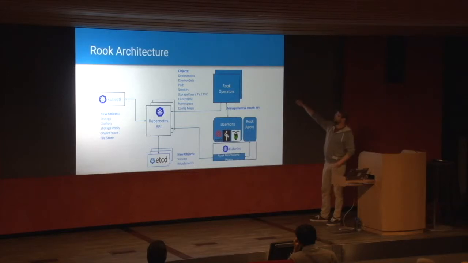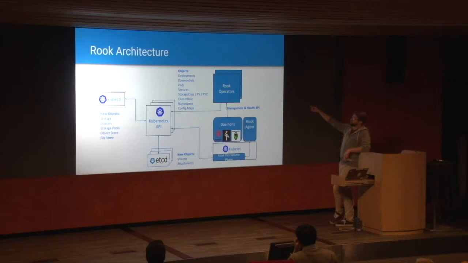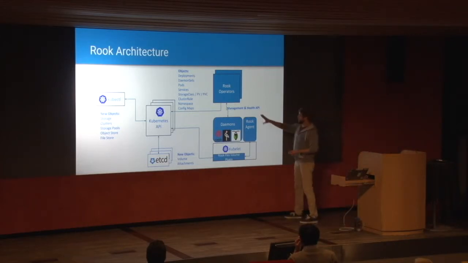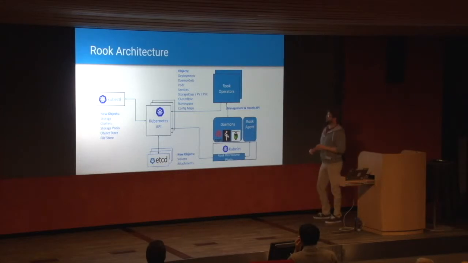In the top right, we've got the Rook operators. The operators sit there and talk to the Kubernetes API server, going through their control loops, and they'll create pods, services, deployments, config maps, all that sort of stuff in service of fulfilling the user's desired storage requests. On the bottom right, we have a set of daemons that run.